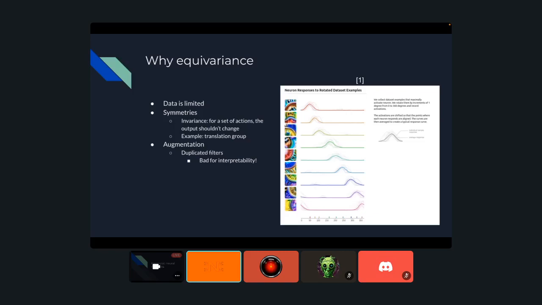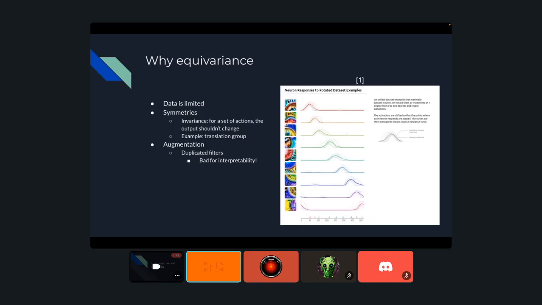You get duplicate filters for the curve. This is an actual phenomenon that has been studied for Inception V1, and it just learned that on its own with ImageNet, which is not even augmented. Our network will learn curve detectors in the third layer, and there's a lot of redundancy.